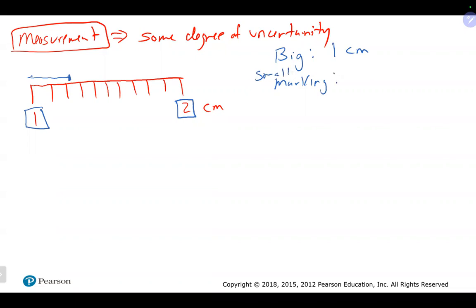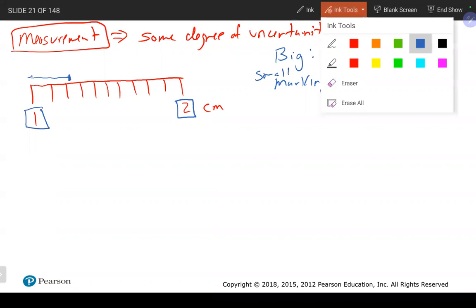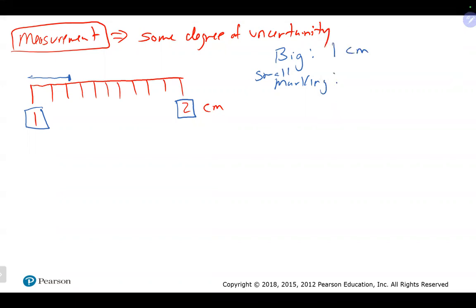To do that, we count how many of the smaller markings there are between the big markings. Typically we start counting after the last big marking. So here we would count 1, 2, 3, 4, 5, 6, 7, 8, 9, and 10 markings until we get to the next big marking.